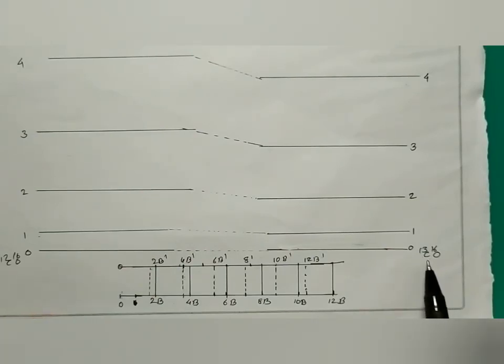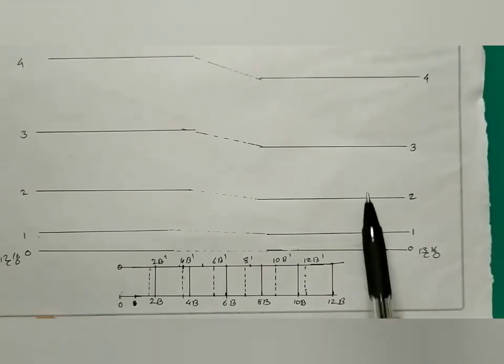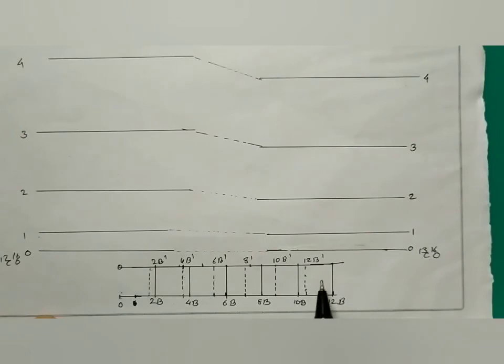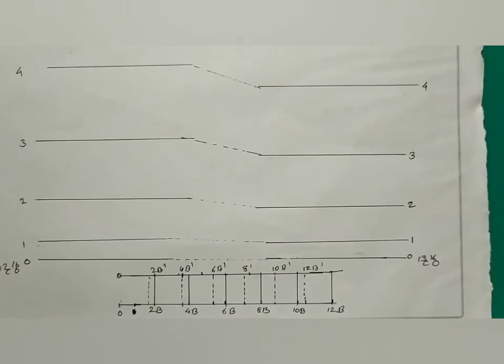If we keep the isotope of heavier mass, the spacing between the energy levels decreases. Spacing between the spectra also decreases. Now this is the effect of isotopic substitution on the rotational spectra of a rigid diatomic molecule.